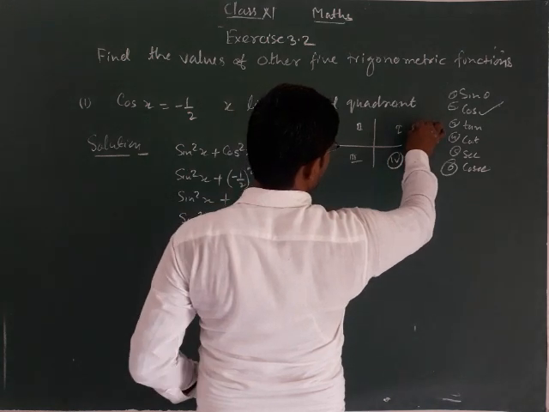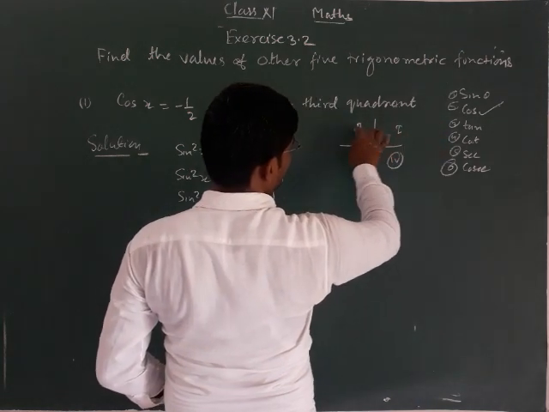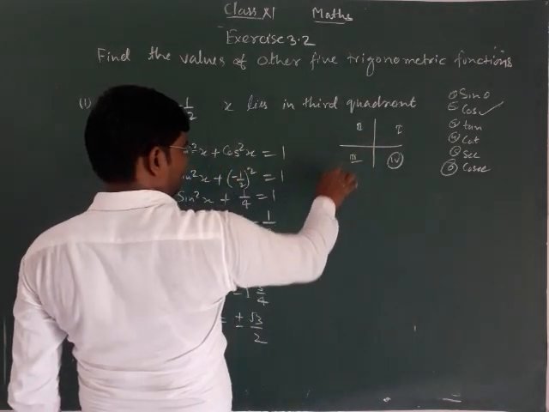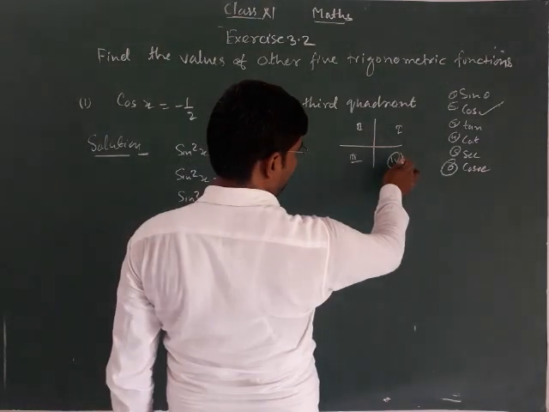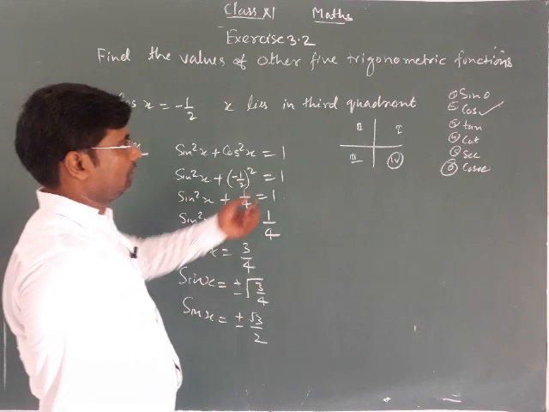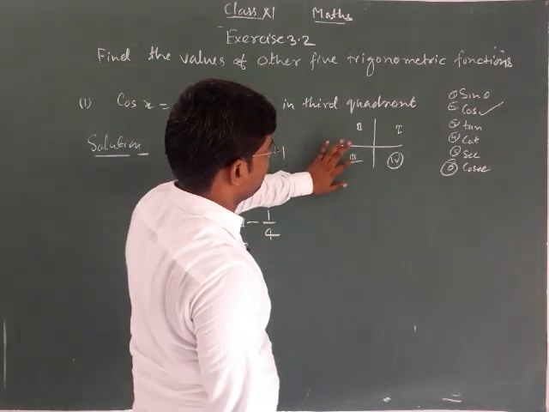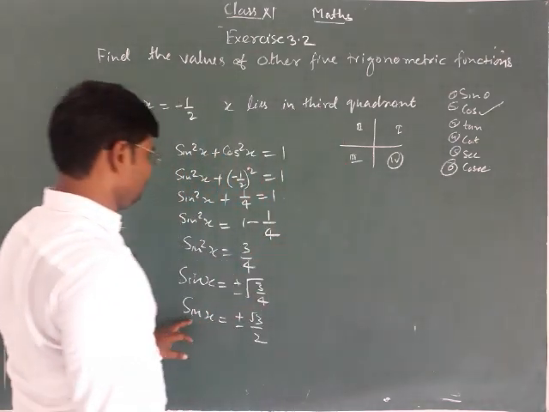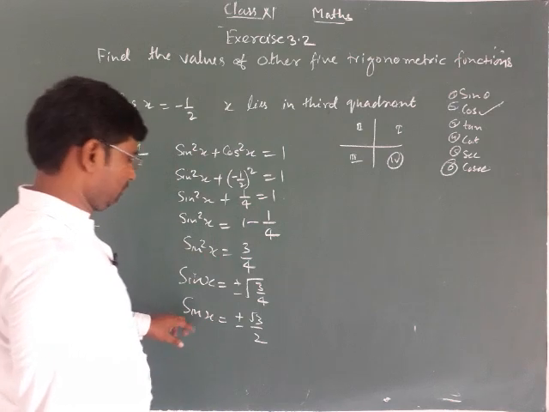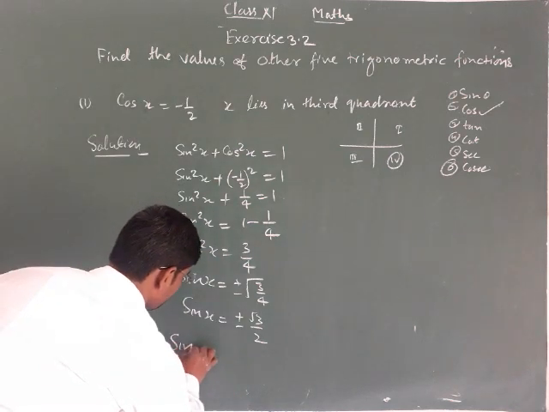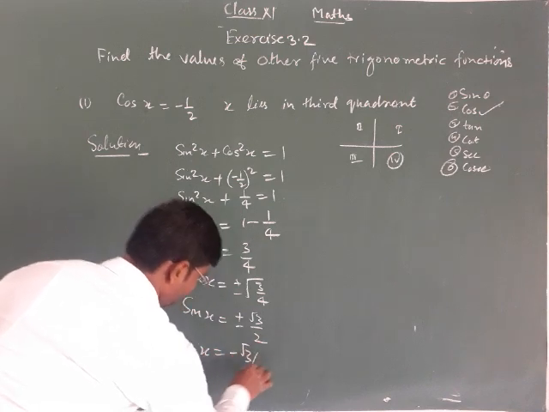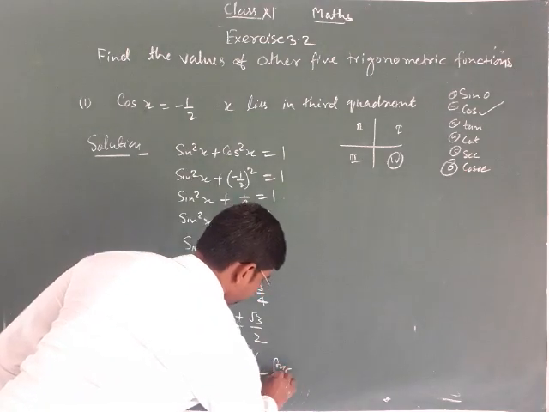In the first, all trigonometric ratios are positive. Sin and cosec are positive in the second, tan and cot positive in the third, and cos and sec positive in the fourth, remaining negative. So x lies in the third quadrant, where only tan and cot are positive and the remaining are negative. So sin takes the negative value, sin x is equal to minus root 3 by 2. So this is the first answer.